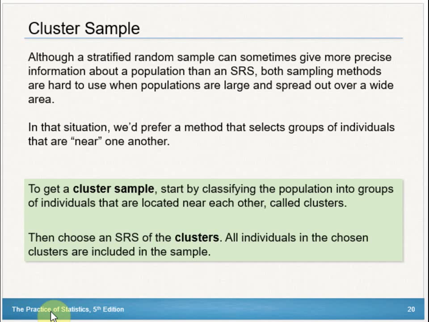But it's, like I say, often geographic in nature how we group the people then. People, or individuals, that are near each other. Then you select one or more of these clusters, of these groups, and you would collect data from all the individuals in the chosen groups.